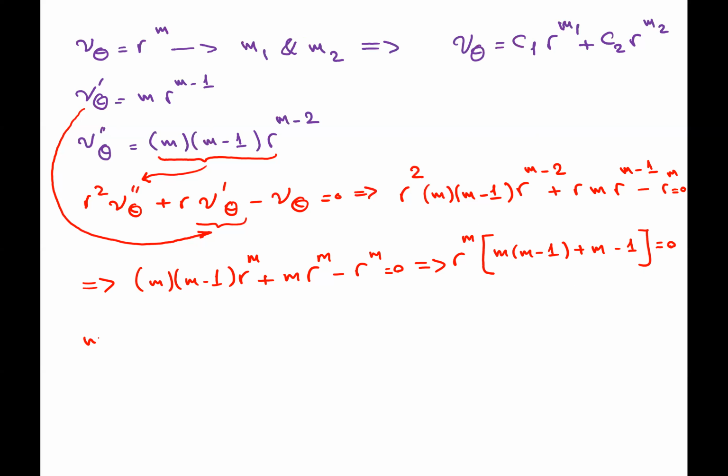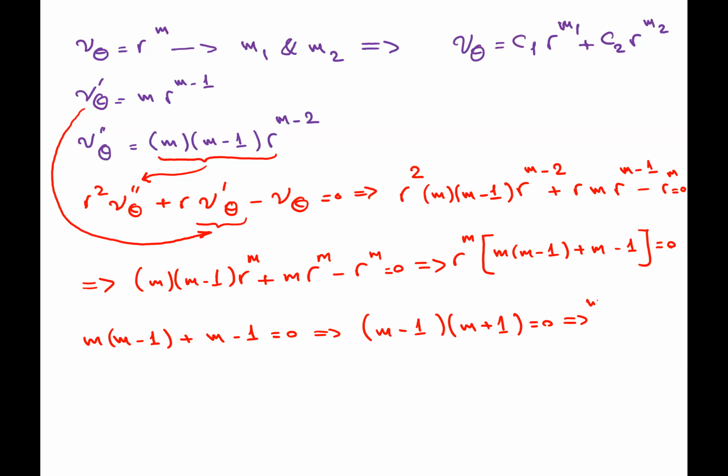So then I would say M times M minus 1 plus M minus 1 is 0. Then this is like M minus 1 times M plus 1 equal to 0.